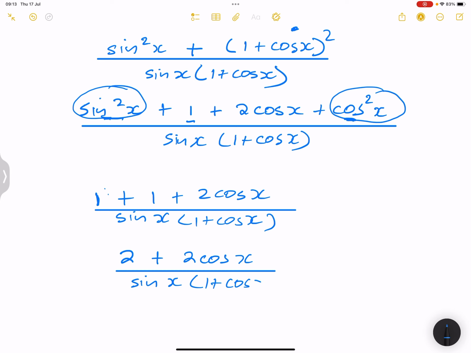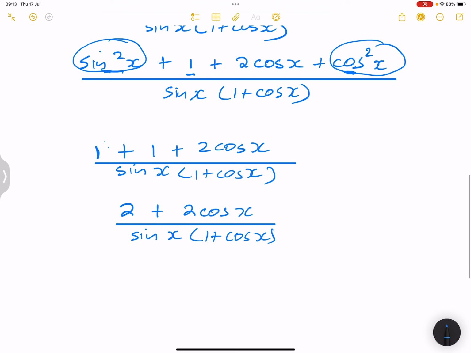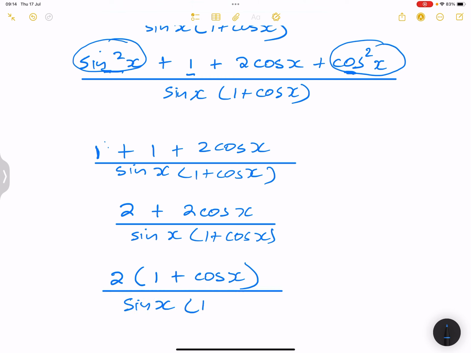All right, it does look like we've got something that we can factorize at the numerator. If we take the 2 out, we're left with 2 into 1 plus the cos of x. If we multiply that 2 inside, we've got the entire thing back, right? And this is divided by sine of x into 1 plus cos of x. Now look at this.